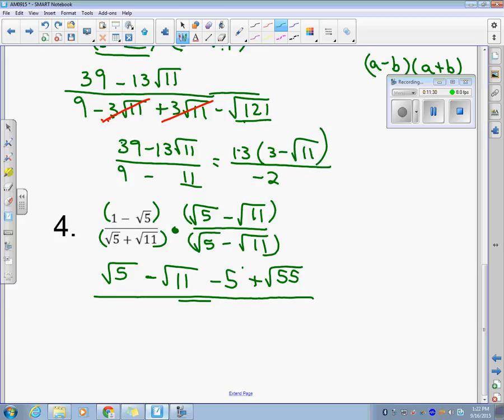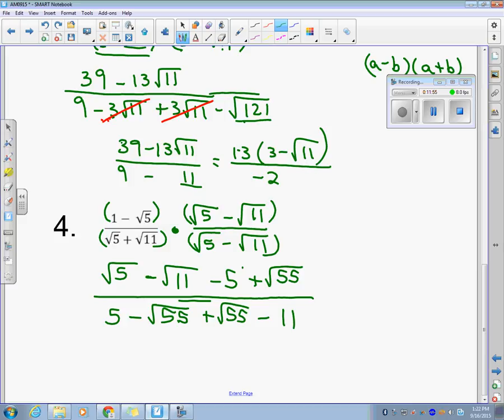Okay? And on the bottom, this one's going to be the square root of 5 times the square root of 5 is 5. The square root of 5 times the square root of 11 is minus the square root of 55. This is going to be plus the square root of 55, so our middle terms cancel out again, don't they? And the square root of 11 times the square root of 11 is the square root of 121.